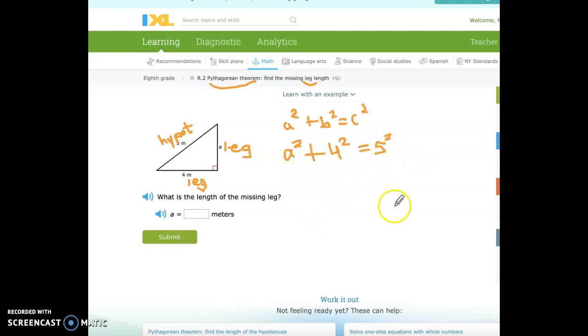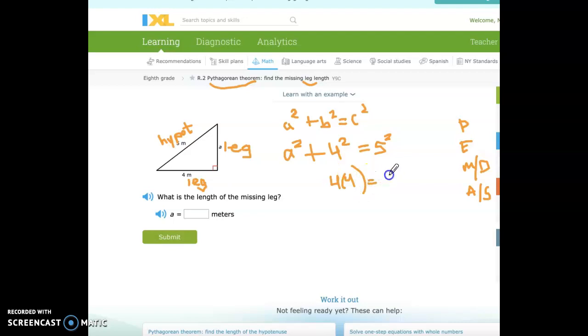We'll go through and use the order of operations once again. Parentheses, exponents, multiplication and division from left to right, addition and subtraction, whichever you encounter from left to right. And here I have 4 squared. 4 squared is the same as 4 times 4.